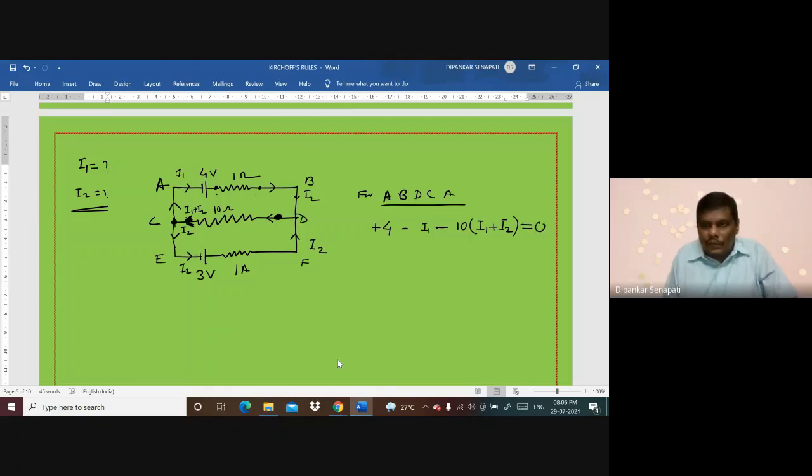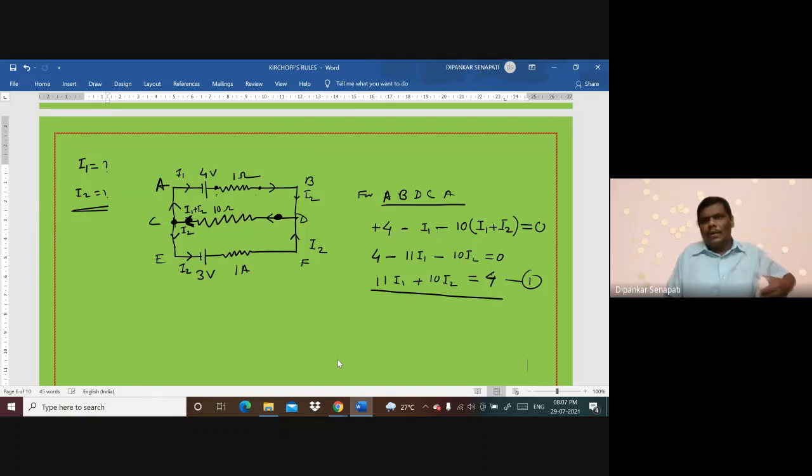Therefore we get 4 minus 1 I1 minus 10 (I1 plus I2) equal to 0, or very simply, 11 I1 plus 10 I2 is equal to 4. Equation number 1. So we have got a very simple equation in I1 and I2.